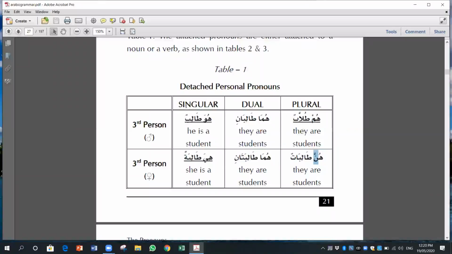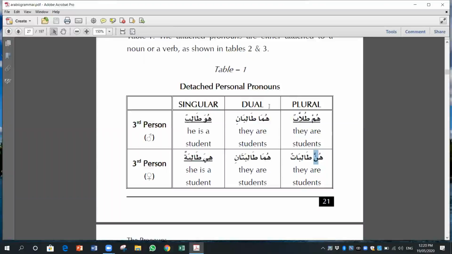Because inshallah when we study verbs, we will use this table only. Whatever I say first will be singular, then dual, and then plural. It should be fixed in my mind because this is the pattern. I will not repeat again and again singular, dual, plural; it should be automatically in my mind.